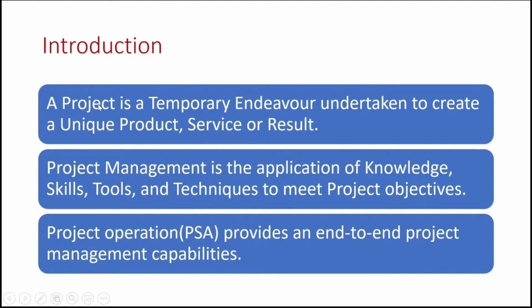Similarly, project management is an application of knowledge, skills, tools, and techniques to meet project objectives. So a project is a temporary endeavor that results in the creation of a unique product or service, and project management is the application of skills and tools to achieve the project.